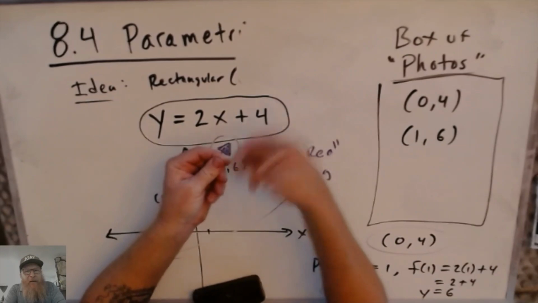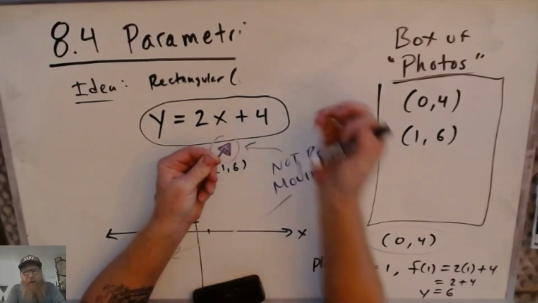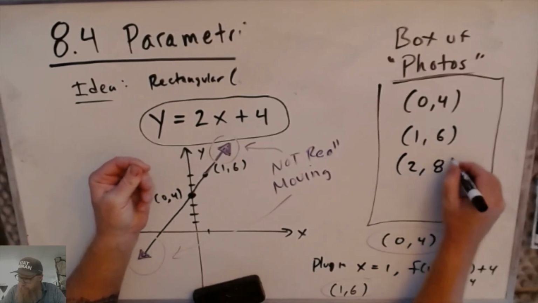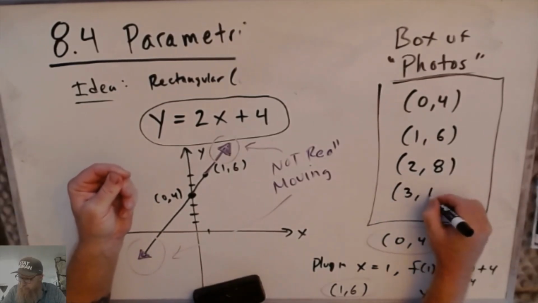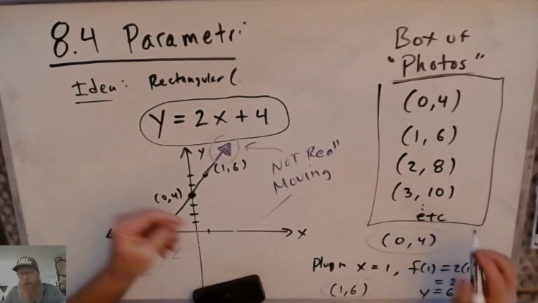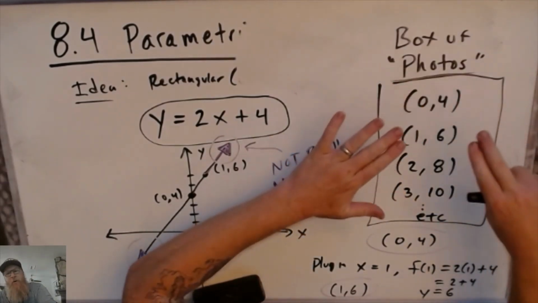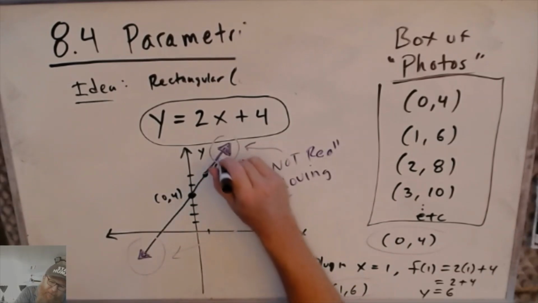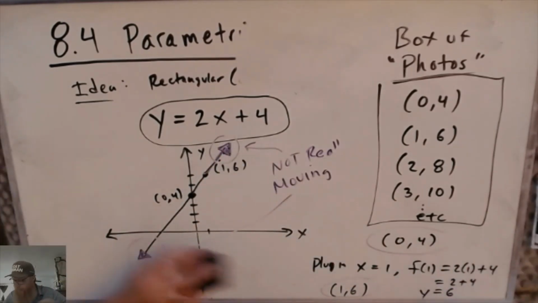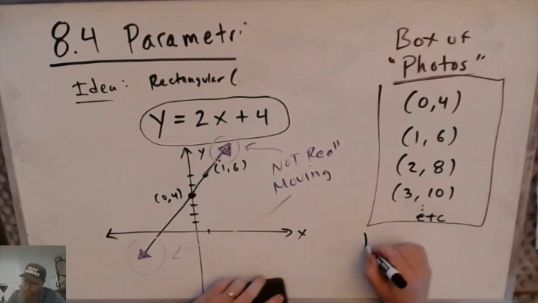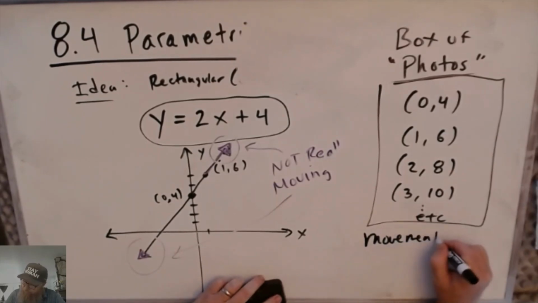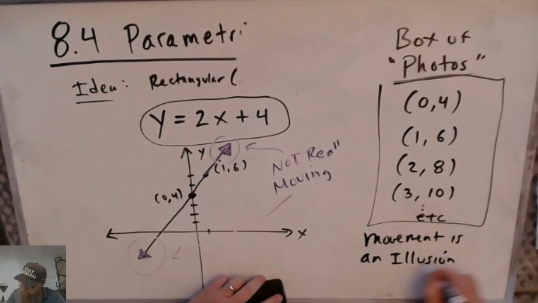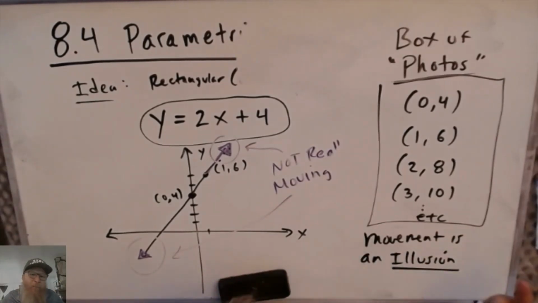And if you sat there and flipped through a series of photographs, right? So you start 0, 4, 1, 6, 2, 8, 3, 10, then you would get the illusion, and that's the way a motion picture works, right?